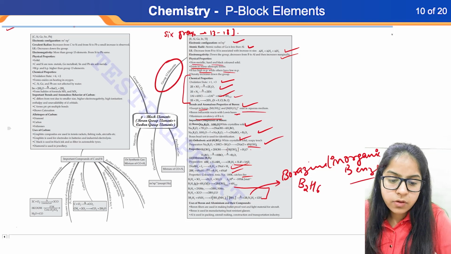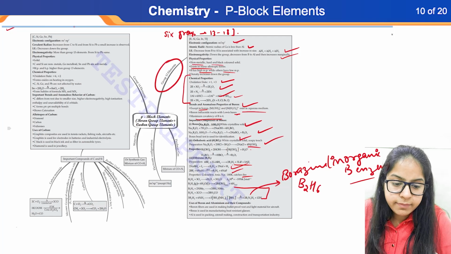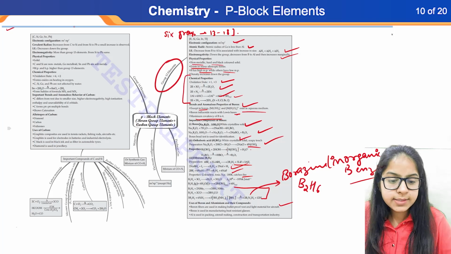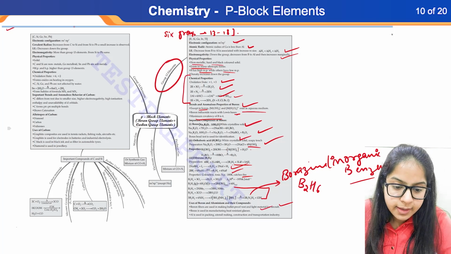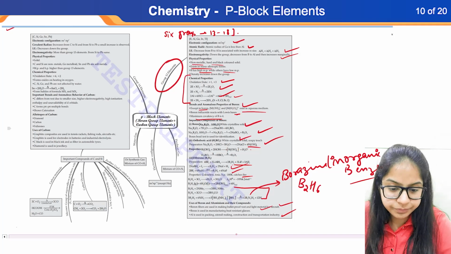Now the uses of boron and aluminium and their compounds. Boron fibers are used in making bulletproof vests and light material for aircraft. Borax is used in manufacturing heat resistant glasses. Aluminium is used in packing, utensil making, construction and the transportation industry.